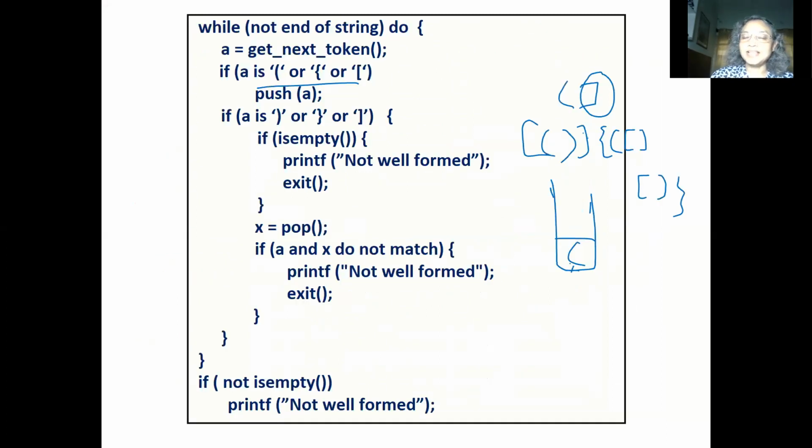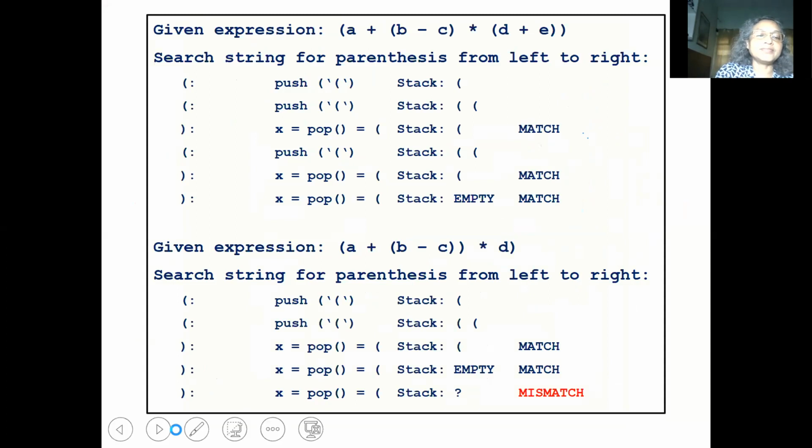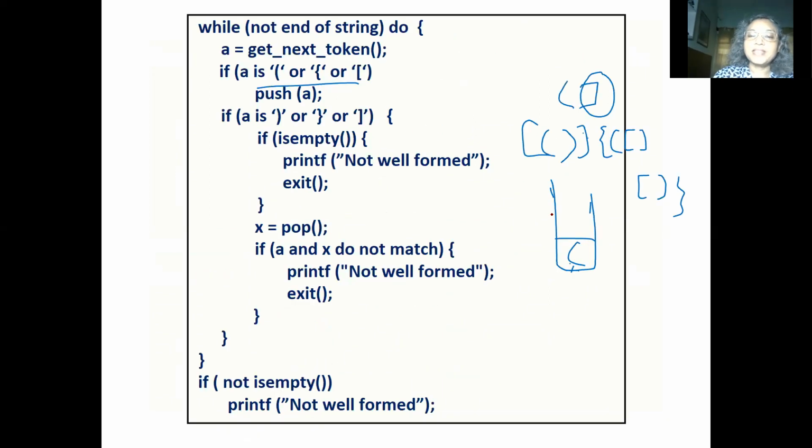Again, we take this, we pop from the stack, check we have the corresponding left bracket. And if we get an empty stack, then we are good. So this is what happens for this particular expression.